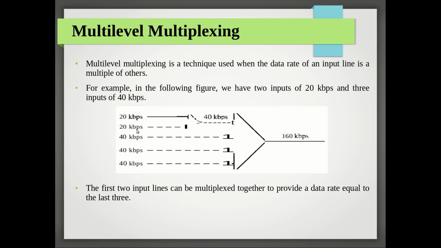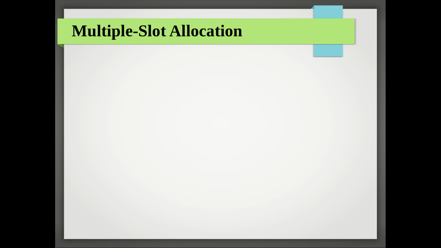The first input lines can be multiplexed together to provide a data rate equal to the last three. So together in the second level we will do the final multiplexing. Hope this example is clear. Now the second level of multiplexing creates an output of 160 kilobits per second, which is actually the combination of the actual 5 sources, right?